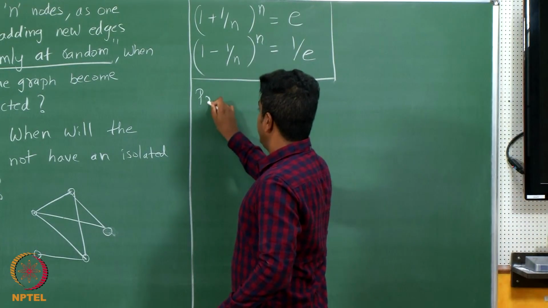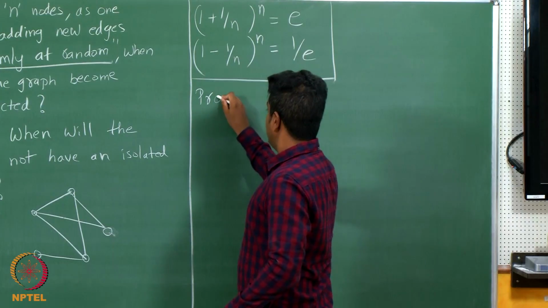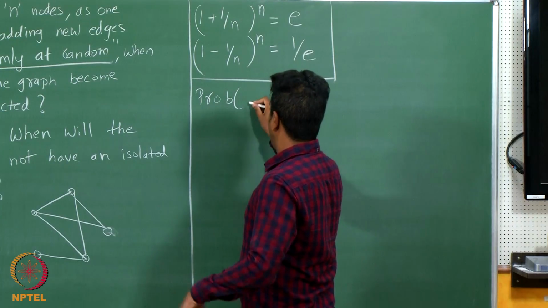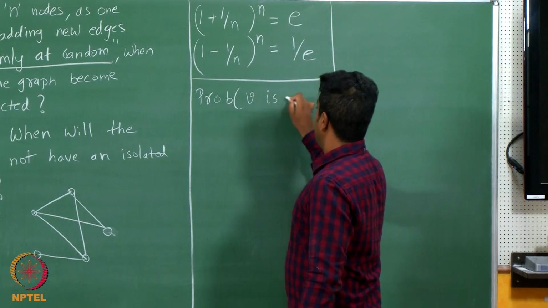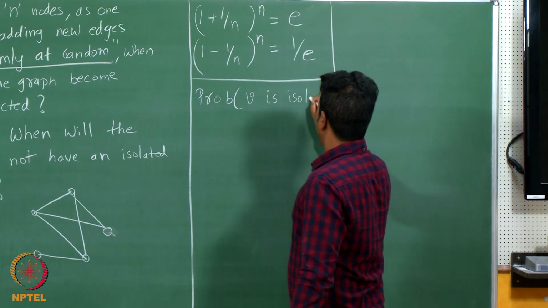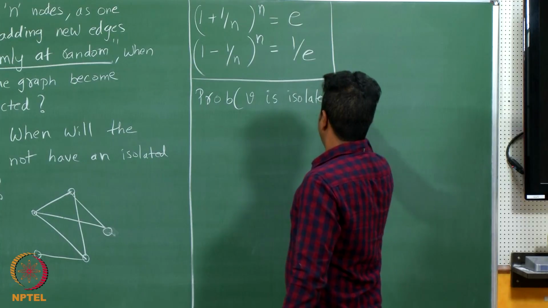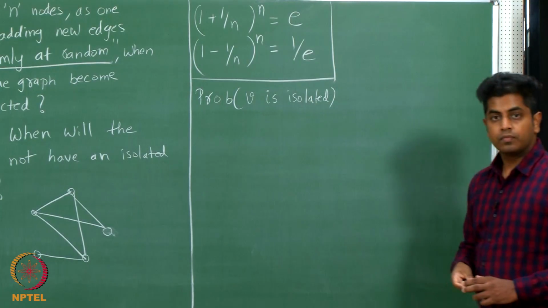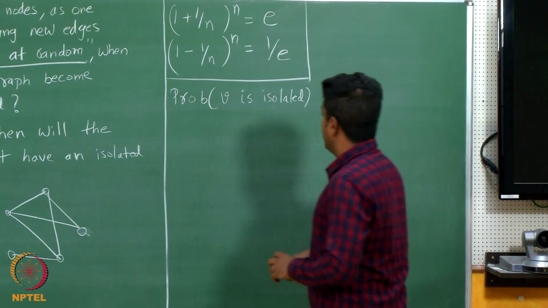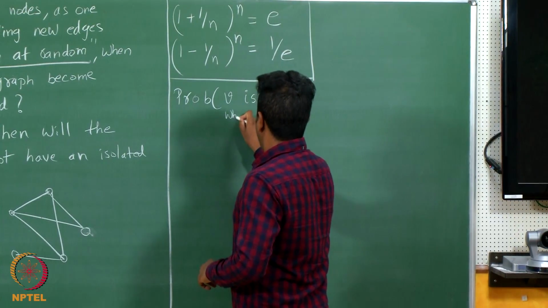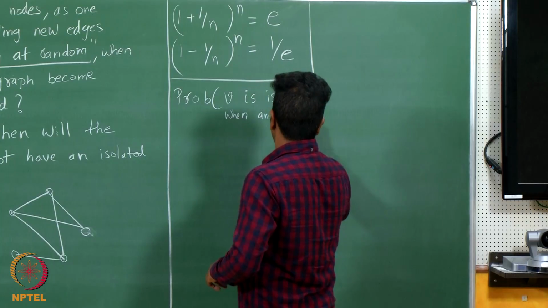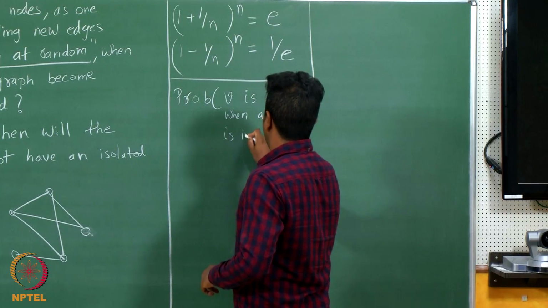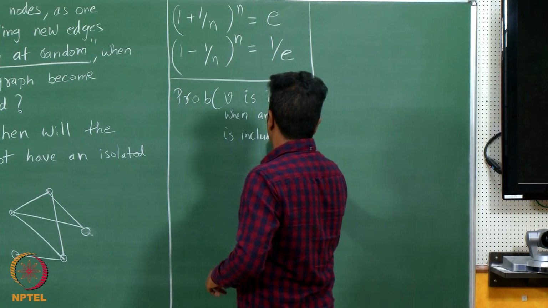What is the probability, let us get back to this question, what is the probability of a vertex V becoming isolated when an edge is included?